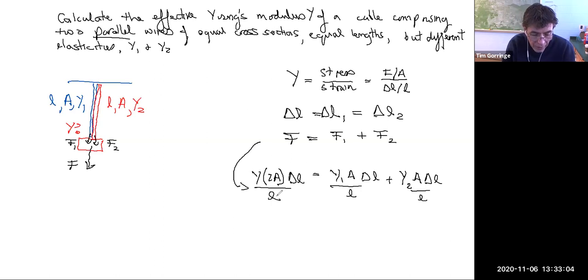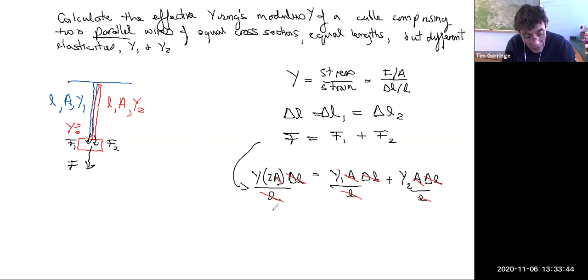Now, if you stand back and look at this formula that we've made, there's a lot of things that cancel. For example, in the denominator, the lengths cancel out. In the numerator, the elongations cancel out. And also in the numerator, the areas cancel out. A is the area of wire 1, A is the area of wire 2, and 2A is the area of the entire cable.